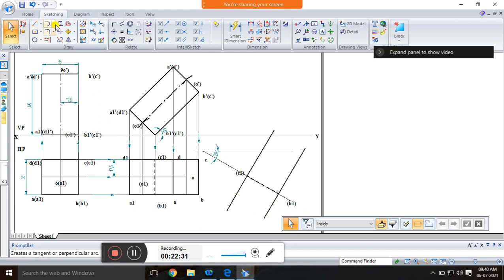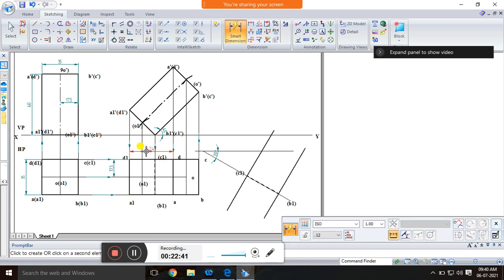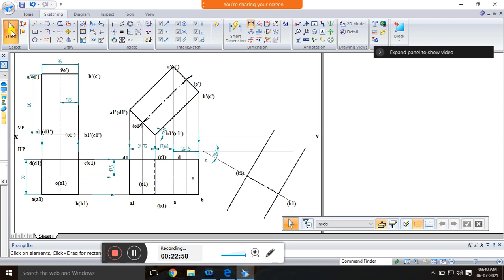Next, use the compass. Place your compass on D1 and stretch up to C1, and measure that distance. From here to here, what is the distance? You have to measure the distance for cutting the arc.